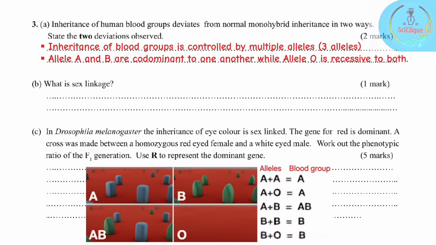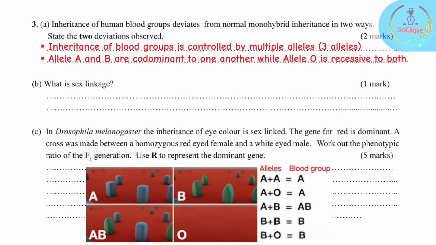Now, a person can either be blood group A, so they're going to have the A alleles, or they can be blood group B, or can be blood group O, or the last one, whereby they can be AB. So they can have 2 alleles. One allele is responsible for antigen A, and another allele is responsible for antigen B. Now, one interesting thing about these 2 alleles is that they are codominant to one another.